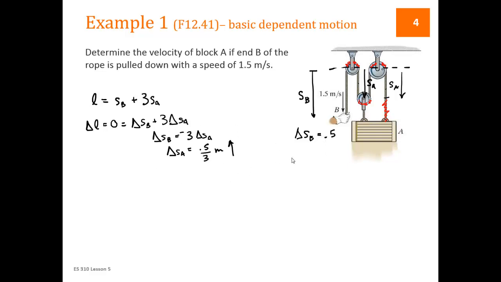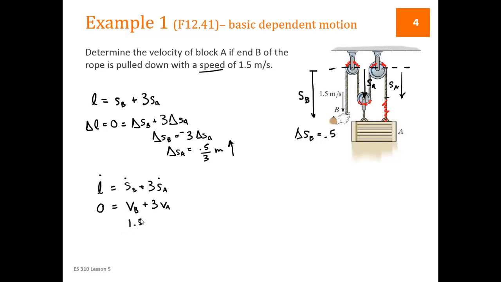Now let's do things with finding the speed. With finding the speeds, we're going to take the derivatives. So L dot is equal to SB dot plus 3 SA dot. The derivative of the length, which doesn't change, is 0. The derivative of distance SB is VB, plus 3 VA. Well, we're given VB is 1.5.